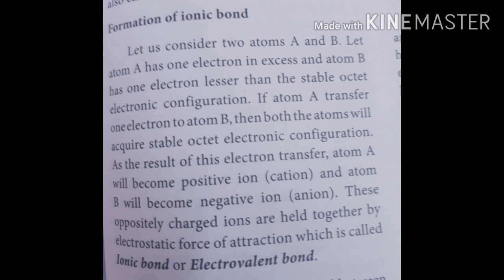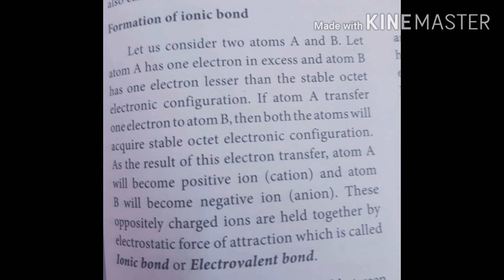So atom A has 1 extra electron. By losing this electron, it will attain a stable inert gas configuration, that is the octet rule. The same way, atom B has 1 electron less to attain the stable inert gas configuration.